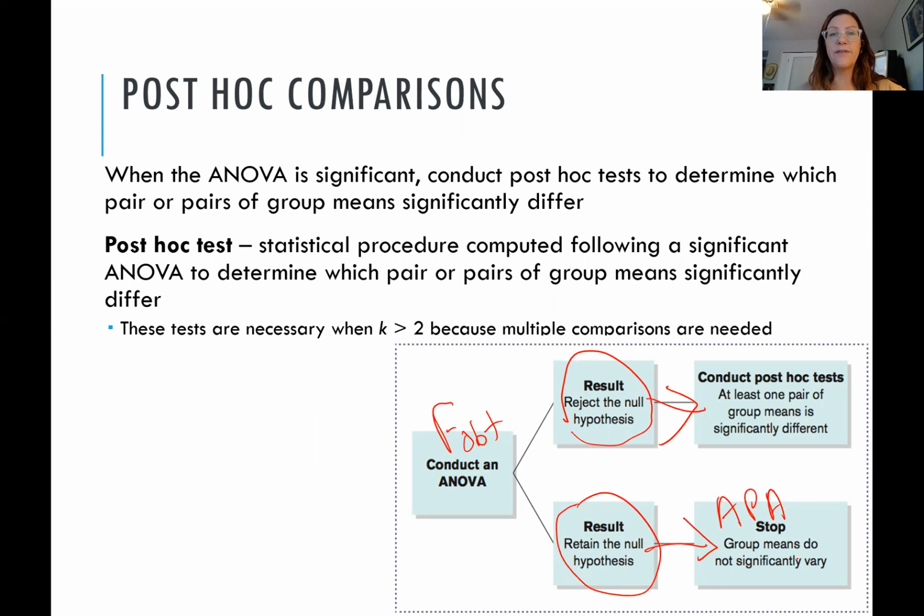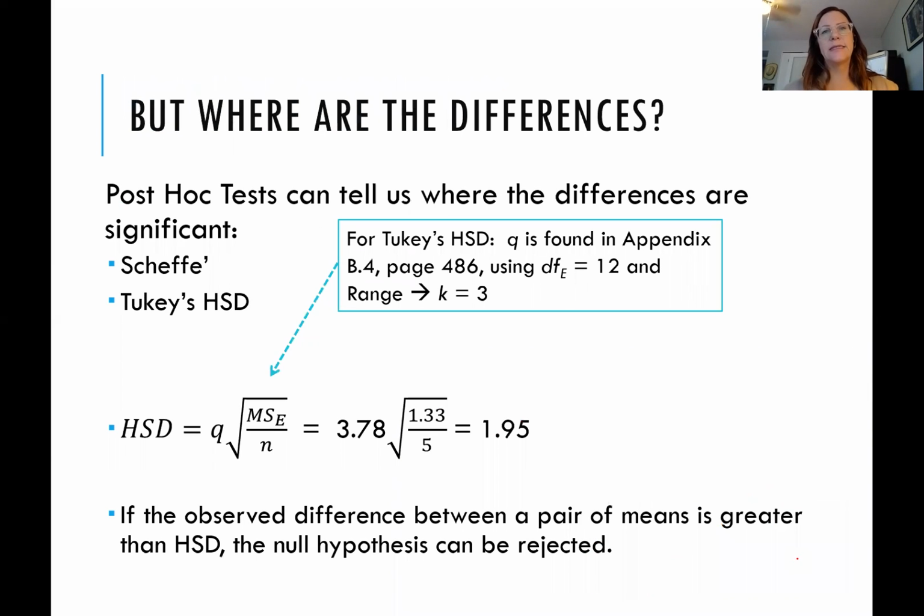But if it is significant, then you have to calculate post hoc tests to find out where it's significant. And then you kind of weed apart how that looks. So to get a calculated post hoc test, we're going to use a Tukey's HSD.